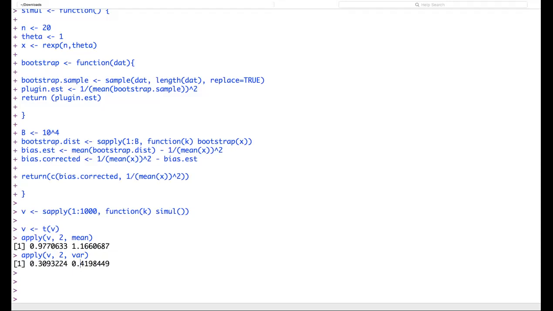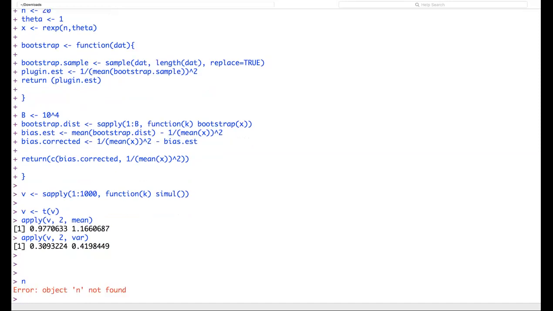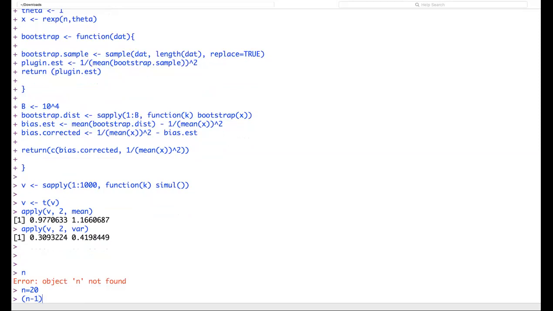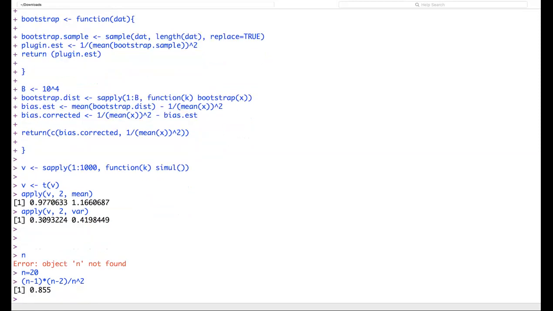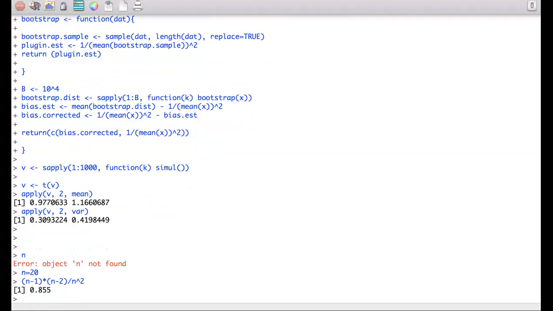And then here, what is the theoretical? If you correct this value by the factor that we derived just now, it should be close to 1. So let's try that. Just now the factor that we got was what? Let's set n equals to 20. The factor was n minus 1 times n minus 2 divided by n square, or was it n squared?